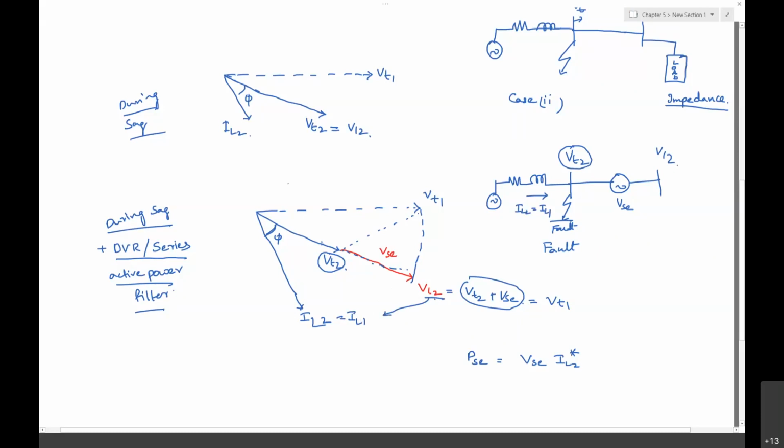Now, the source power has been increased. When there is no series active power filter, the current is reduced; when you have a series compensator, the IL2 has been raised to IL1.